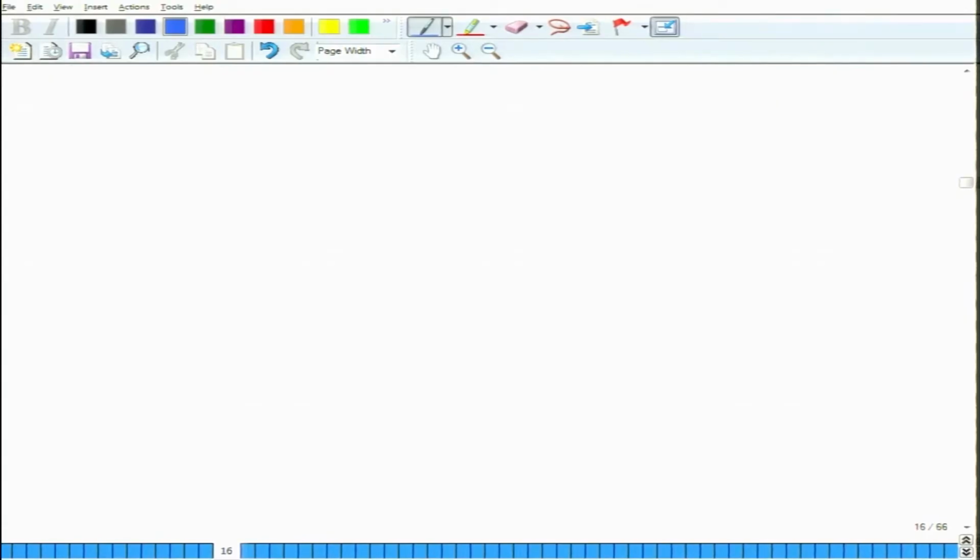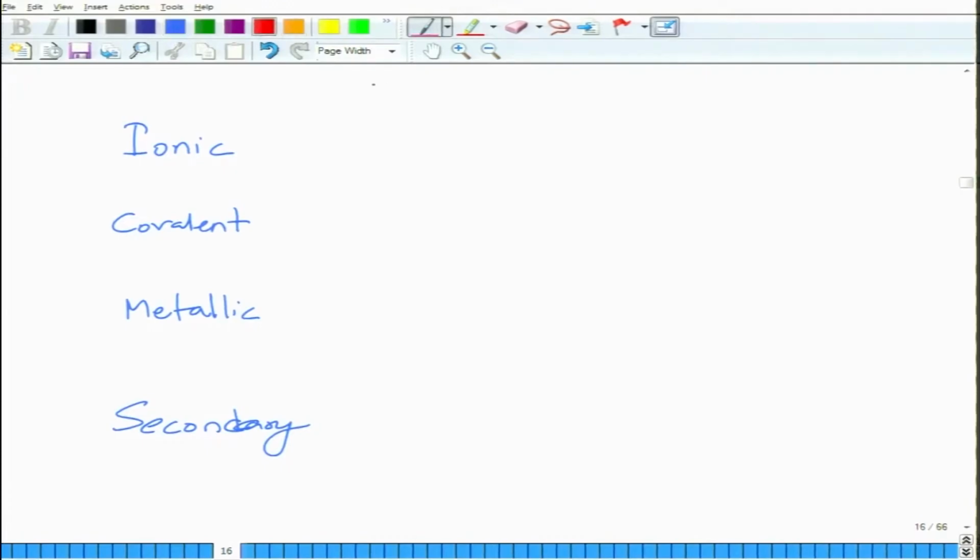So, to summarize this part, I would write three kinds of bonding: ionic, covalent, metallic, and secondary. Let us first talk about the bond energy, EB.